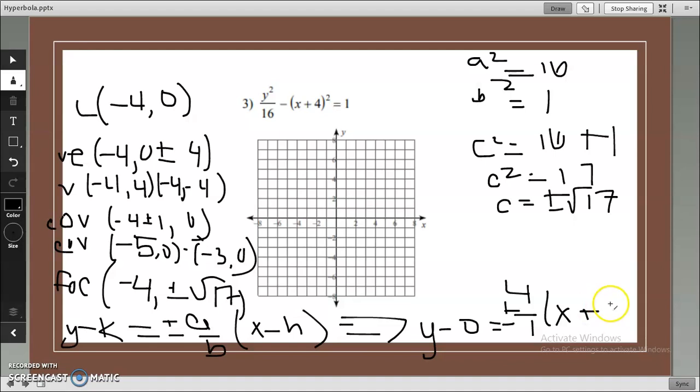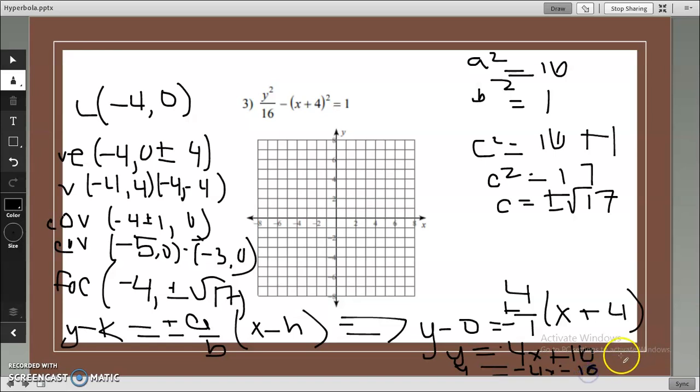So a minus times a minus is going to give me plus 4. Alright, so we have y is equal to, and I have to do negative and positive, so it's going to be positive 4x plus 16, and then y equals negative 4x minus 16.